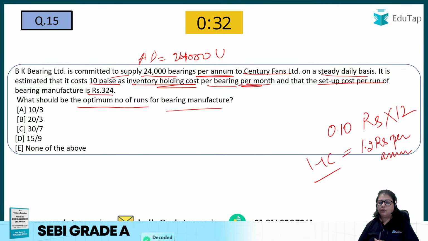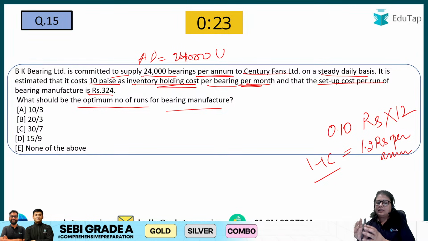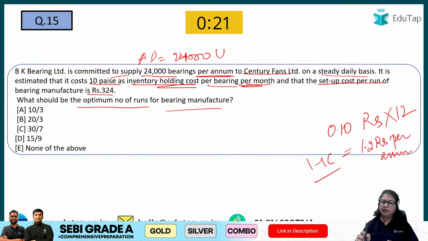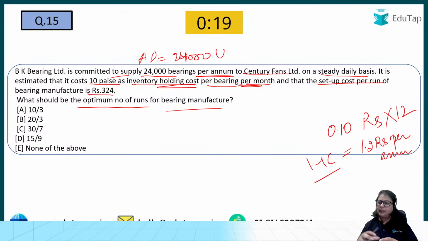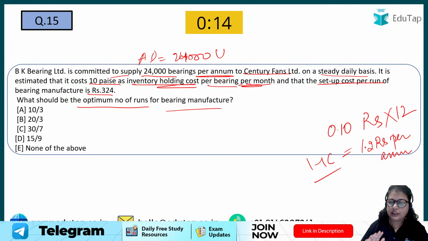So they are saying I have to find out the optimum number of runs. For that I need the optimum batch size, so that I can find out how many runs should be done in a year. So first I have to find out the economic batch quantity.